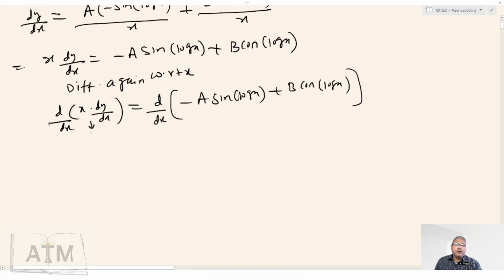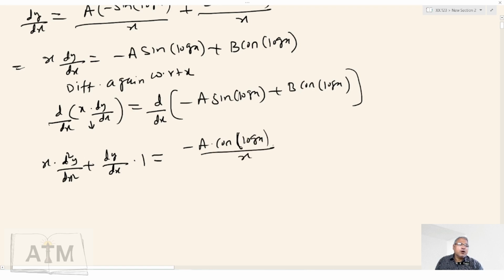Here, using the product rule, x into d2y by dx2 plus dy by dx into 1 equals minus a cos of log x upon x minus b sin of log x upon x.